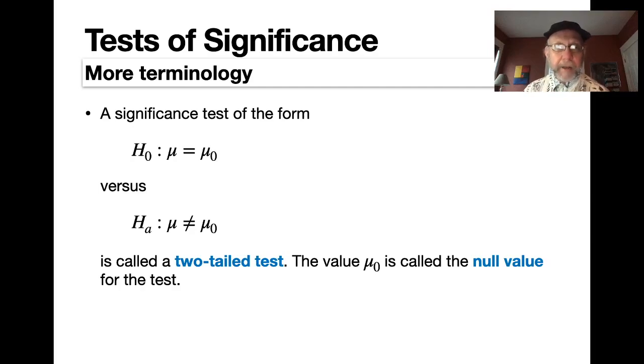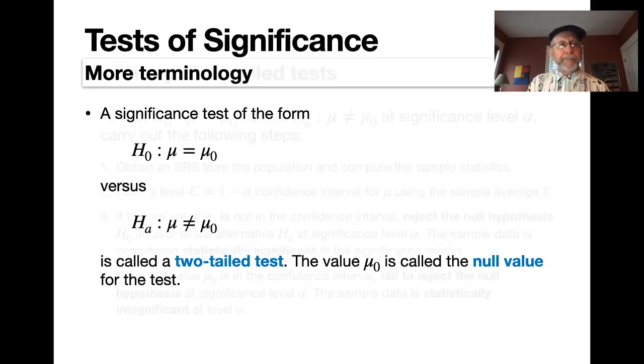We look at the middle 95% or the middle C%, and whatever falls outside of that in either tail, left or right, turns out to be statistically significant. The value mu0 from the null hypothesis also has a special terminology associated with it. It's called the null value for the test.